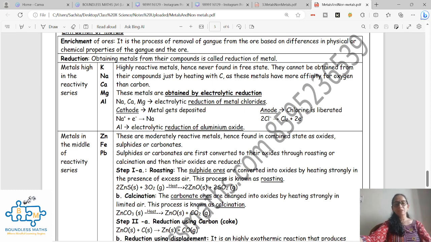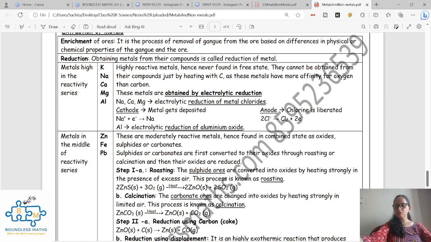For such metals, if you look at sodium, calcium and magnesium, they exist in the form of their chlorides, and they are reduced by electrolytic reduction. What happens in electrolytic reduction is that their solution is used as an electrolyte, for example sodium chloride, and when electricity is passed through that electrolyte, sodium gets deposited at the cathode.